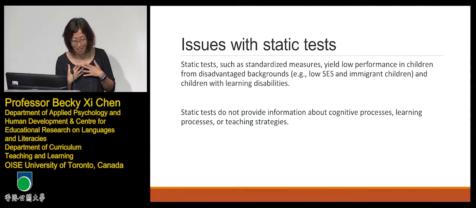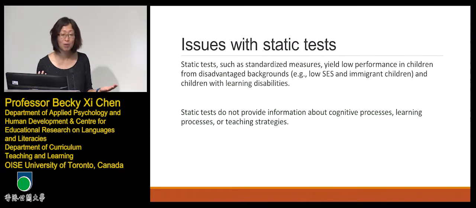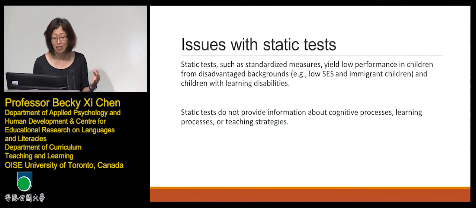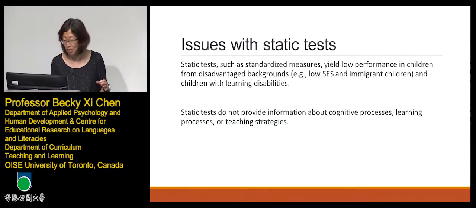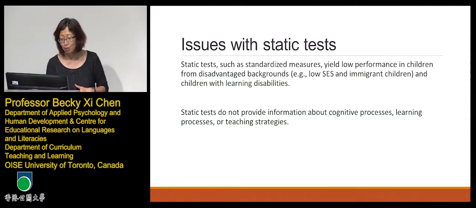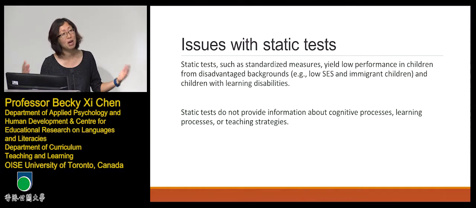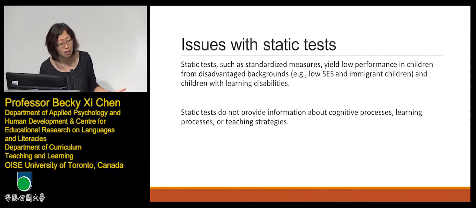Because I'm in Canada and I work with bilingual populations in Canada, and that also includes immigrant children. So the same can be applied to immigrant children because they just arrived in a new country. It takes them time to adapt to the new environment.